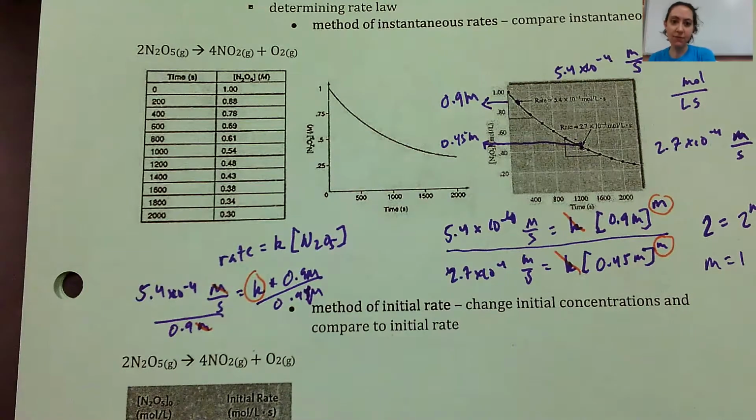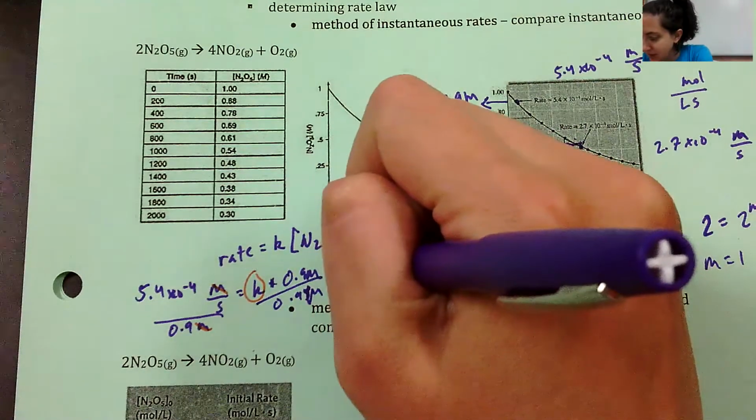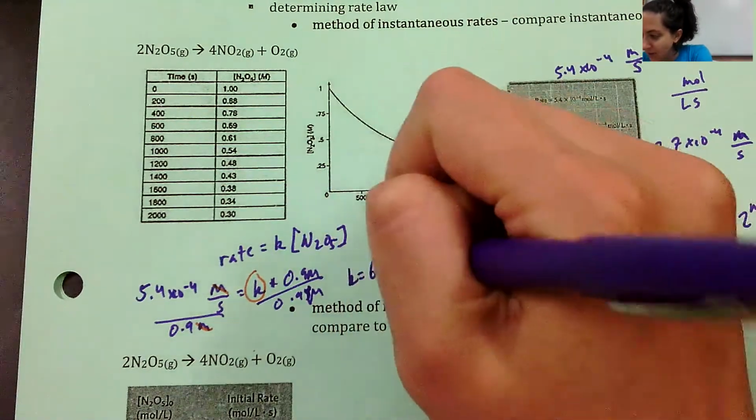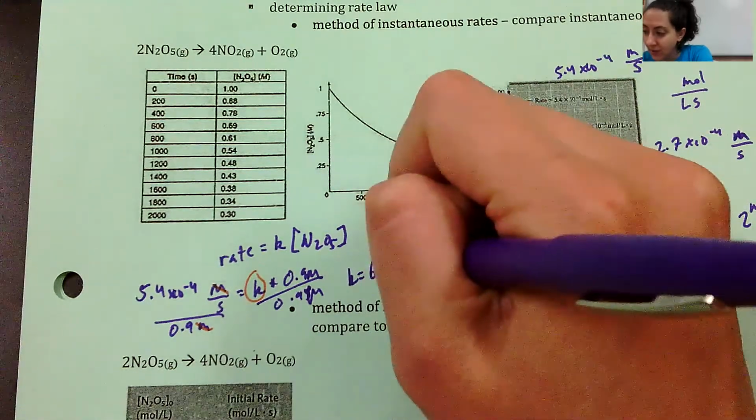So let's go 5.4, I gotta turn my calculator on, times 10 to the negative fourth divided by 0.9 is going to be a pretty small number. Okay, 6 times 10 to the negative fourth. So K is equal to 6 times 10 to the negative fourth, and that would be either 1 over S or S to the negative 1.